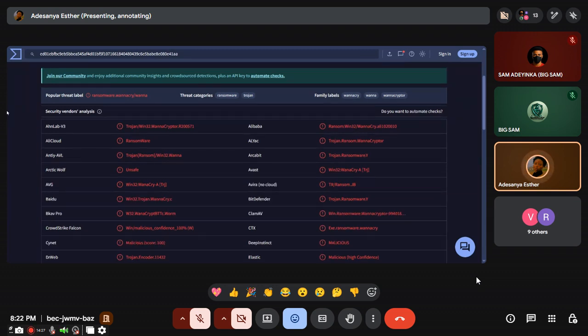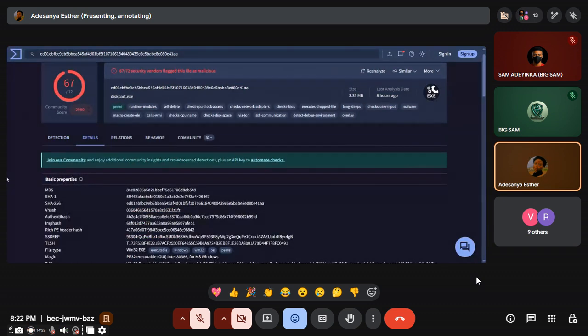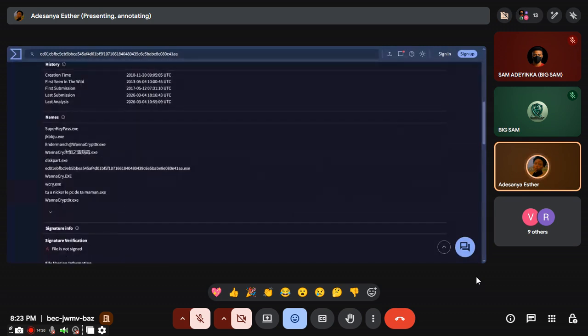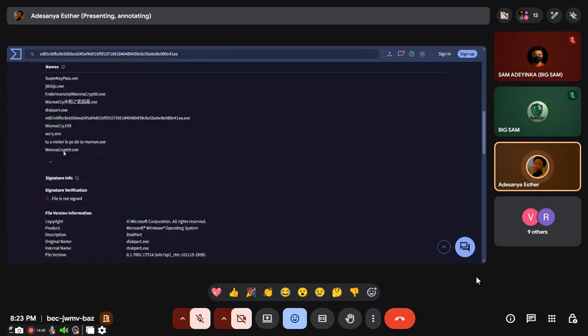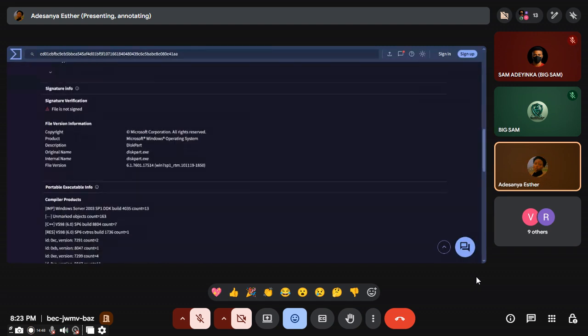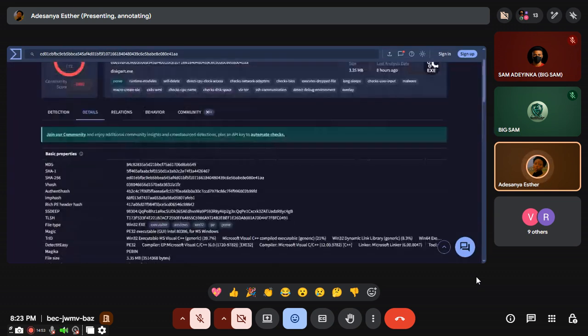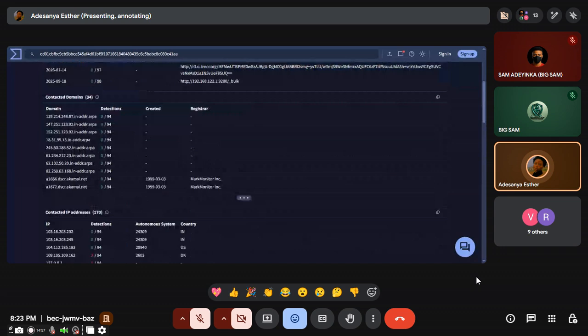We can also check more details here: the creation time, the first submission, last submission, last analysis, and the names associated with it too. There's a lot of information here depending on what you're looking for. There are the relations.